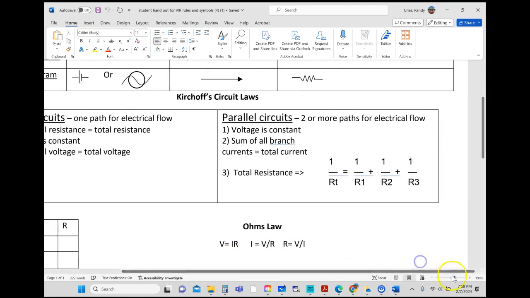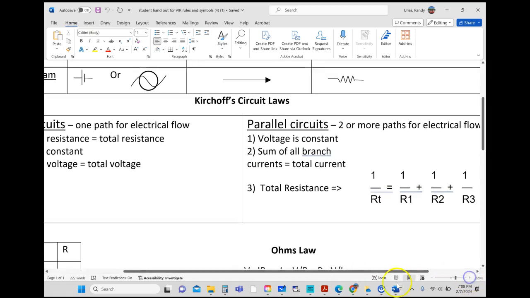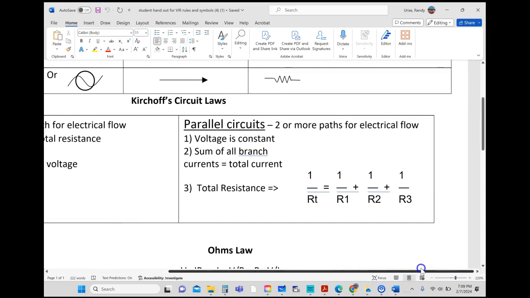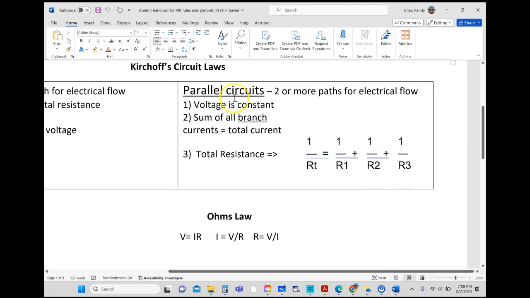A parallel circuit is a little more funky compared to the series circuit in that you have to do a funky little reciprocal equation to figure out total resistance. But let's look at the first rule. The first rule is voltage is constant. So this parallel circuit is almost opposite of the series circuit.